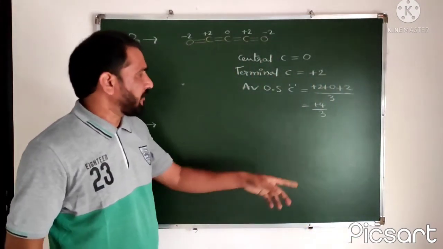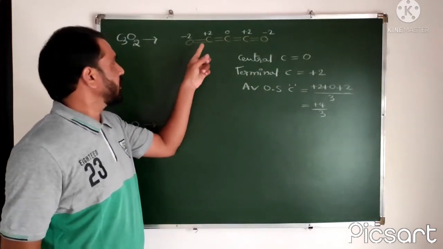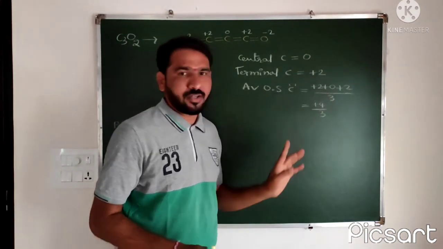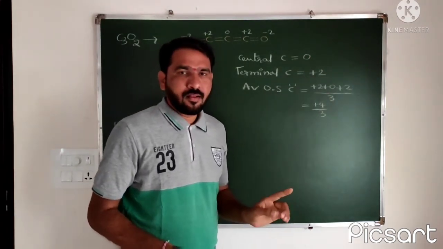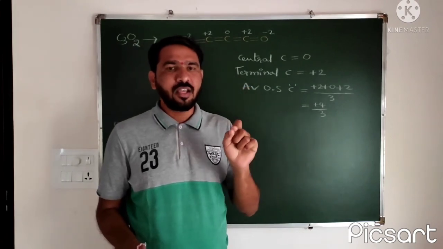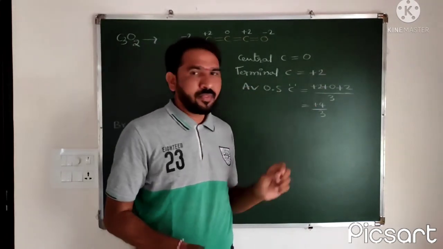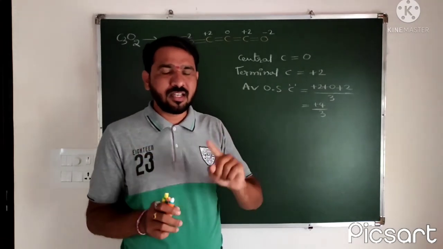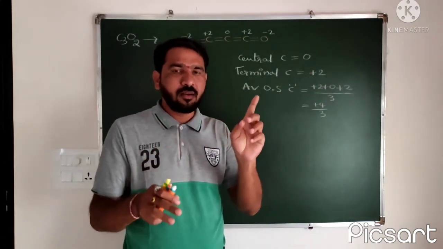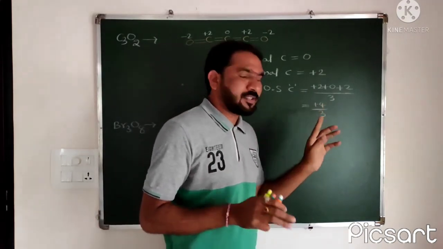So this is the average oxidation state of carbon in carbon suboxide. These 3 questions are important: the central carbon oxidation state in carbon suboxide is 0, the terminal carbon oxidation state is plus 2, and the average oxidation state of carbon is plus 4 by 3.